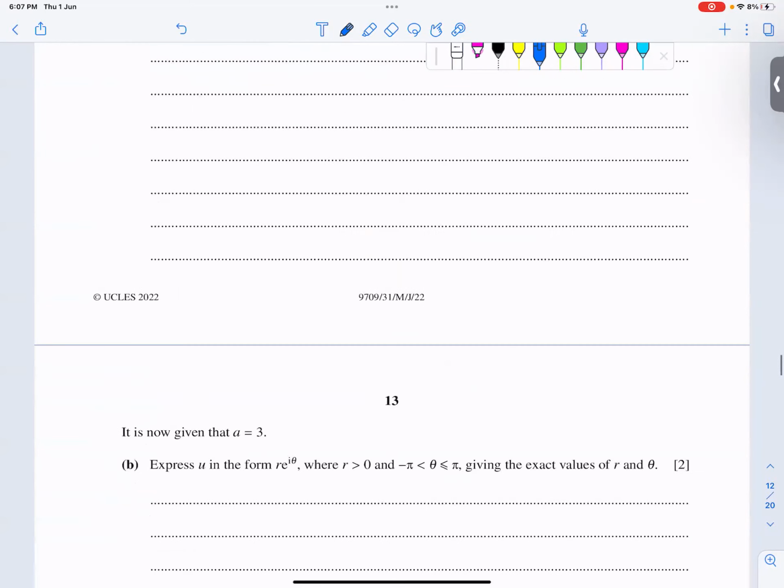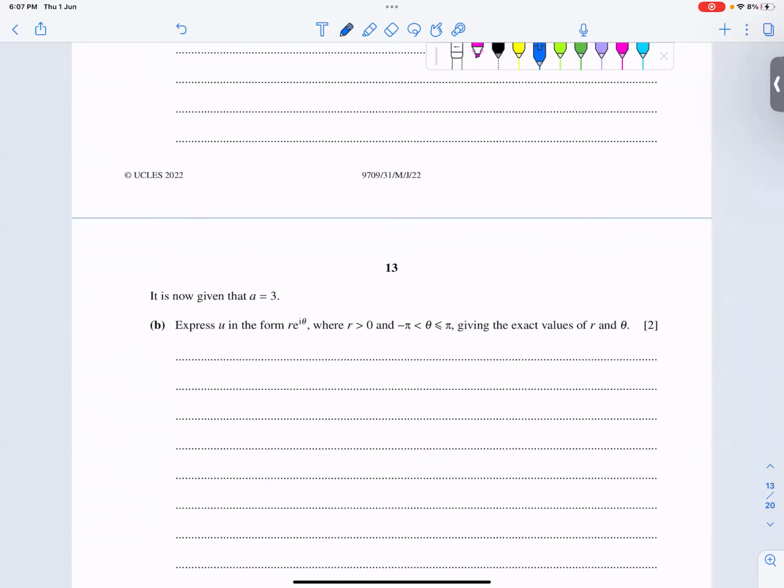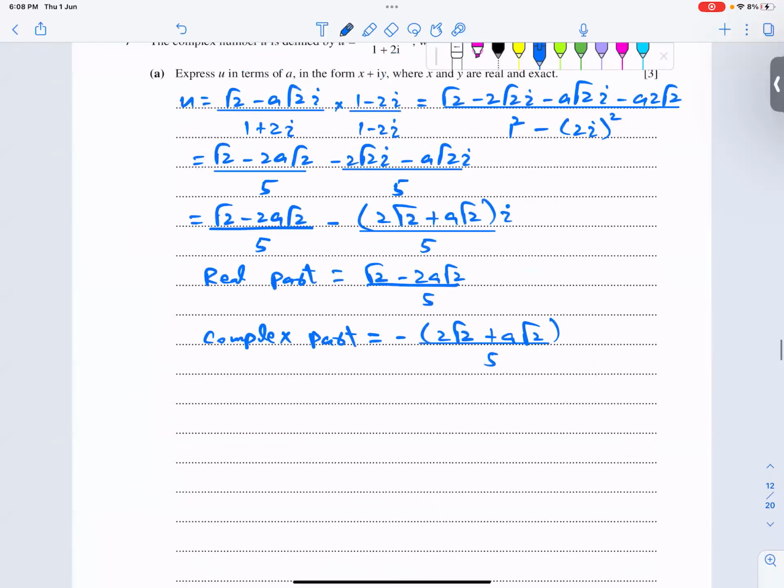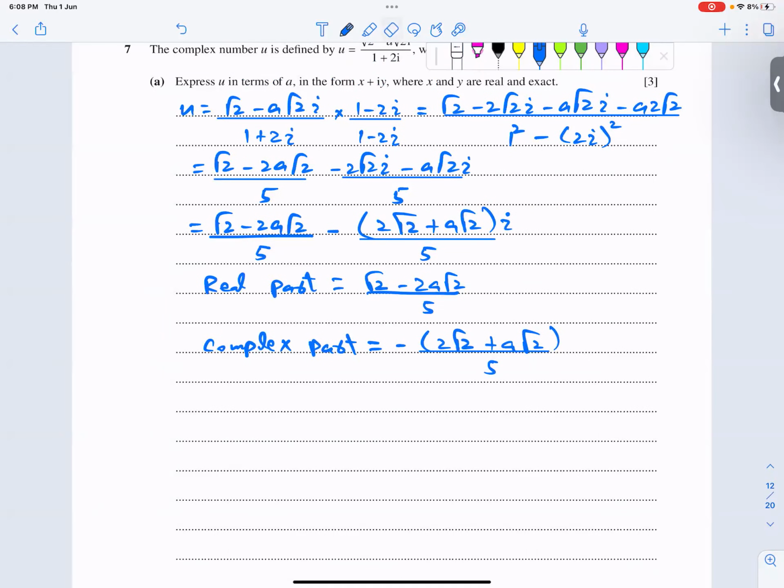Now it is given that a is equal to 3. Express u in the form r e to the i theta, where r is greater than 0. Now we need to convert this u into the modulus argument form.